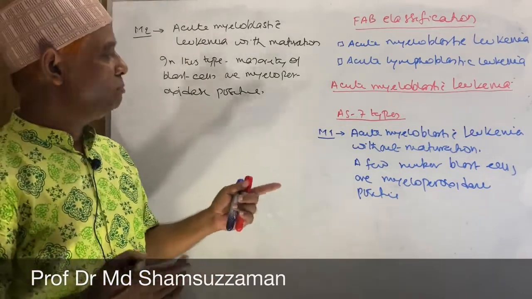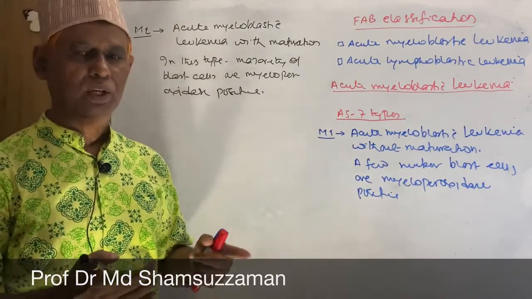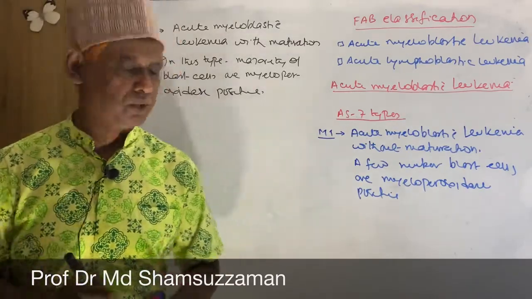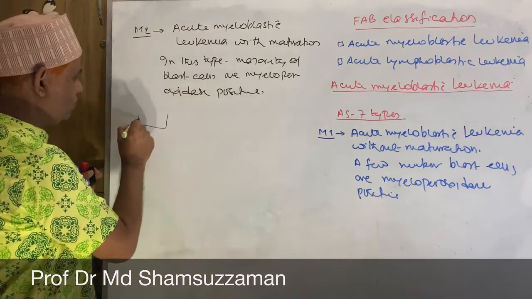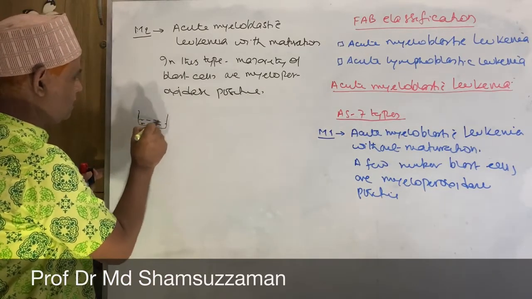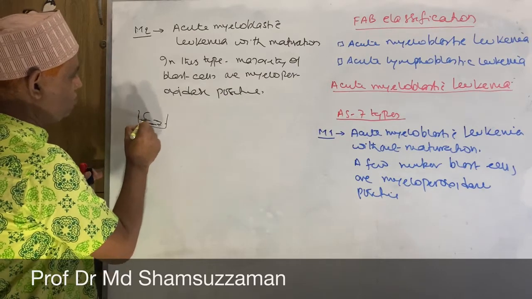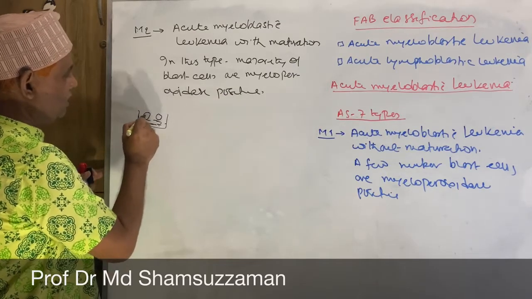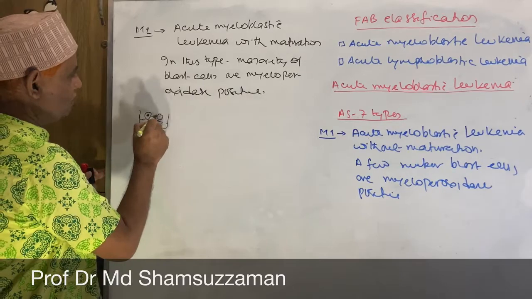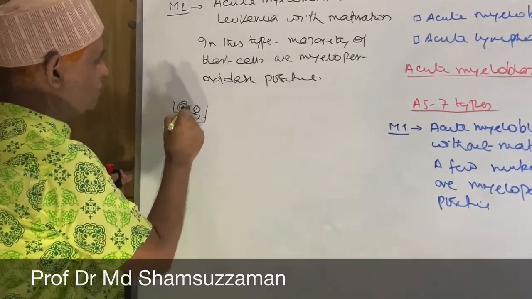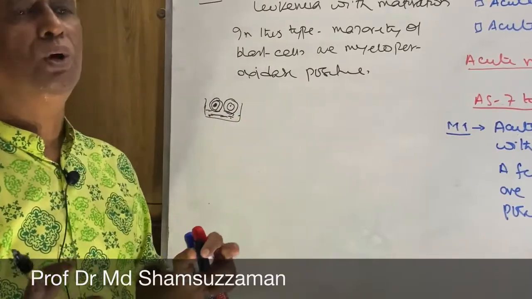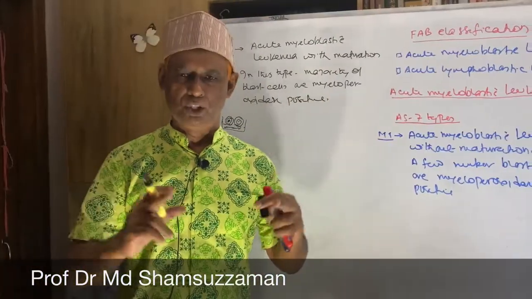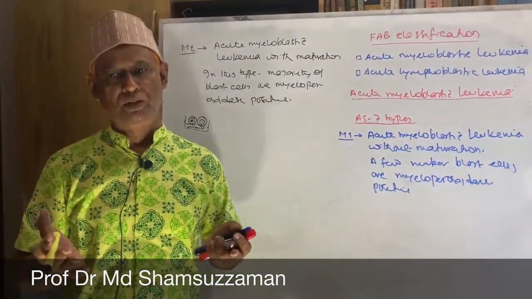The tool is myeloperoxidase test. If we do the test, the myeloblast will be peroxidase positive and lymphoblast is not. So myeloblast is peroxidase positive, lymphoblast is peroxidase negative.